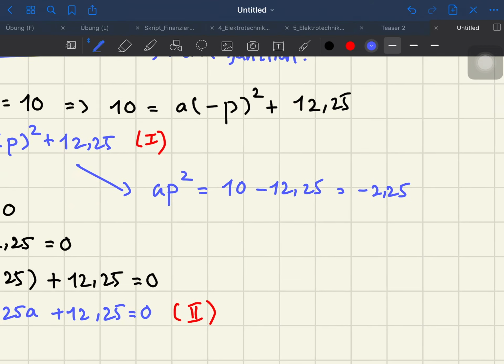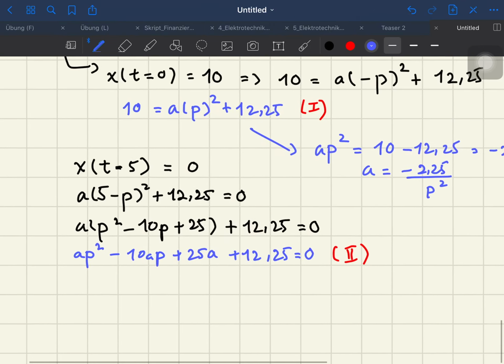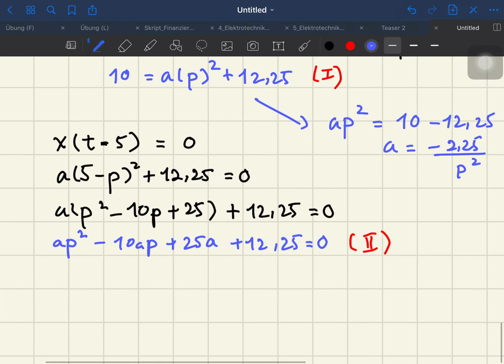this, and then you will have a equals the negative 2.25 over p squared, and then you will substitute the value of a in terms of p.